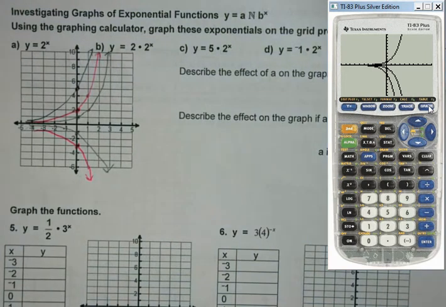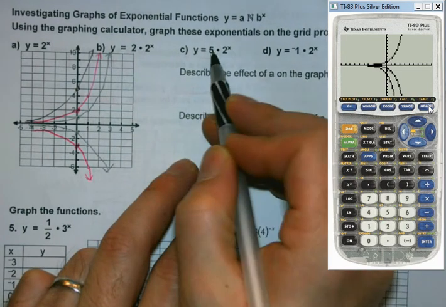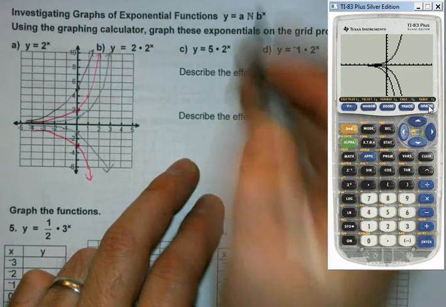So what this little mini activity here does for us is it lets us see a couple of things. So let's just see the y-intercept move, because that changed on each of them. But then what happened? The effect of A, this number in front, on the graph. Well, what did it do?